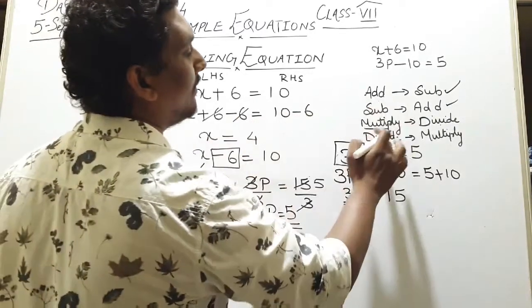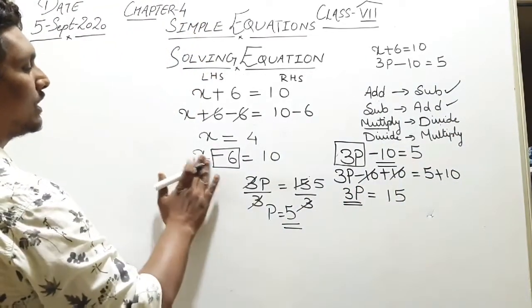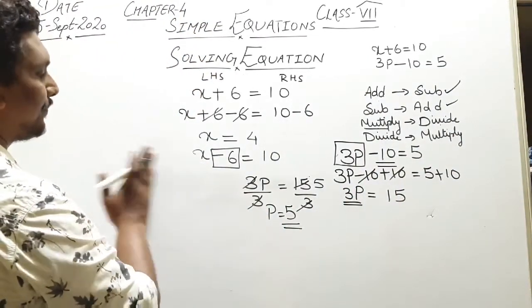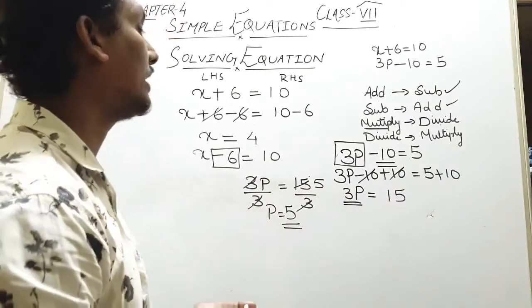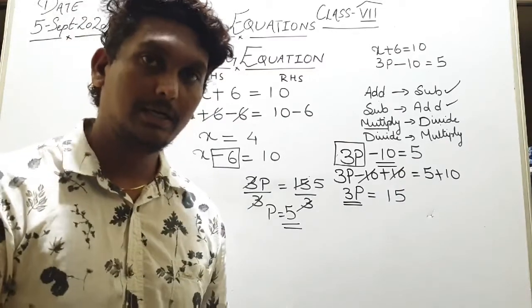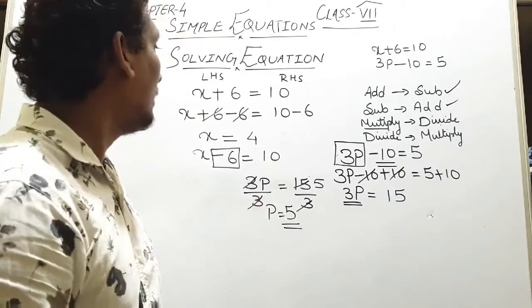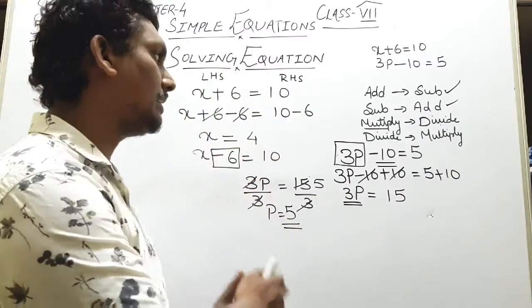When division is given, you have to do the multiplication, okay? When we do the questions, it will be very clear to you. So this was the first method of solving the equation. Now I will tell you the next method of solving the equation. Just go through it.